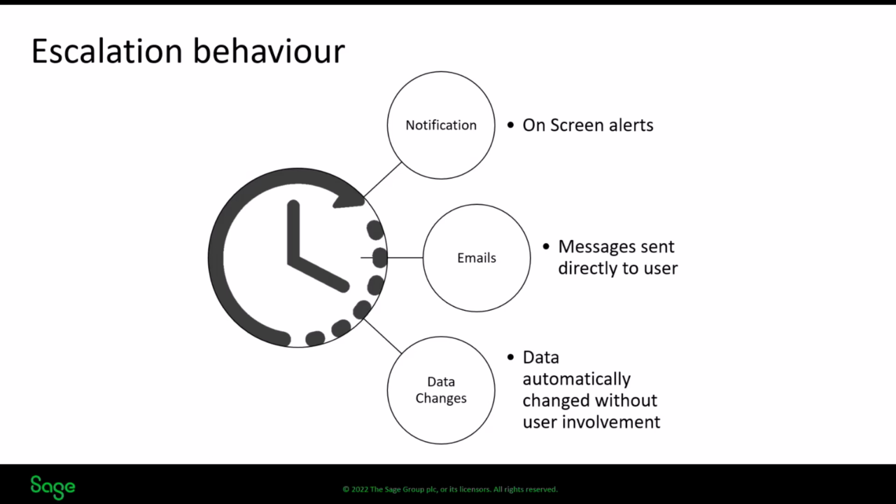So we will be looking within the context of processes, understanding escalation behavior, things that will automatically place a notification onto the screen when something happens in a particular time frame, how emails can be sent out within a particular time frame when something happens, and how we can cascade and make changes automatically through the system as well without user involvement. It just takes place because it's time for that to take place.